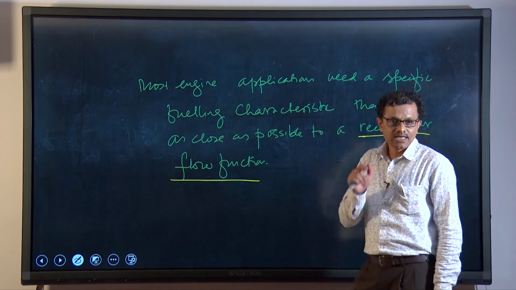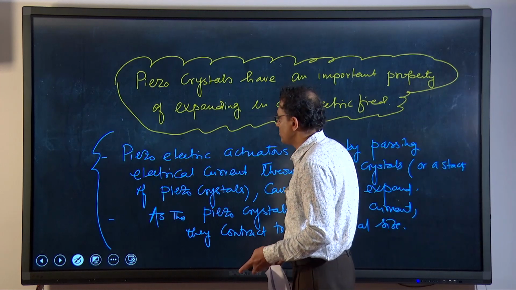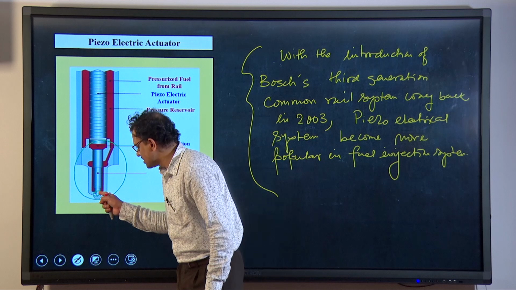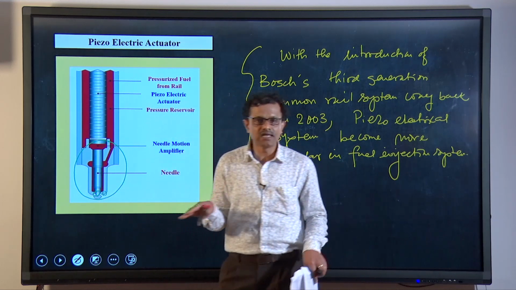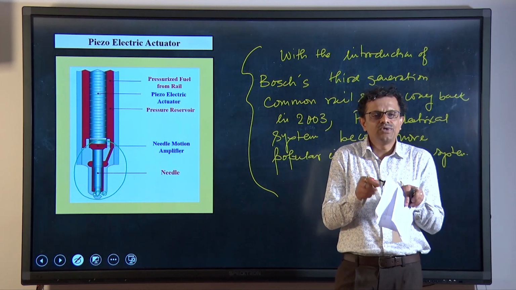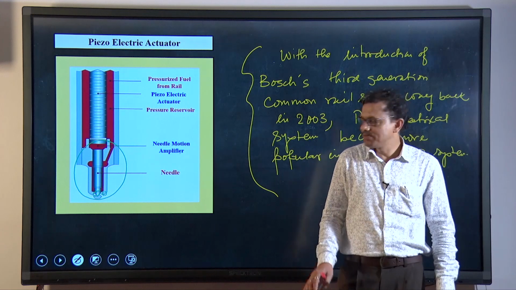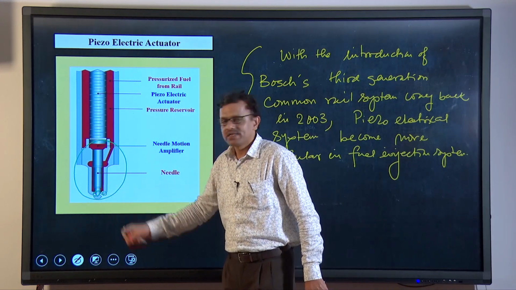What does it mean? If I go back to the previous slide, wherein we can see the schematic depiction, the natural tendency of the needle is to remain seated, so the passage through which fuel can flow is totally blocked. The needle will always block the flow passage area.